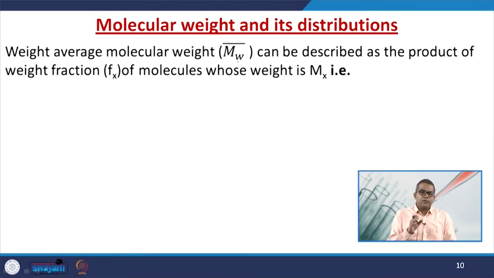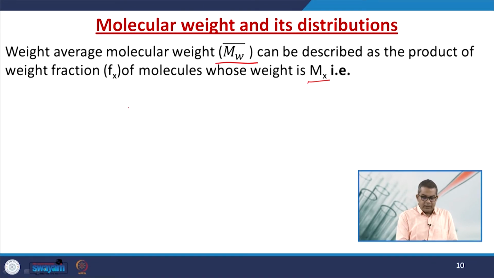Now, this weight average molecular weight, referred to as bar Mw, can be described as the sum of the product of the weight fraction Fx of the molecules whose weight is Mx.